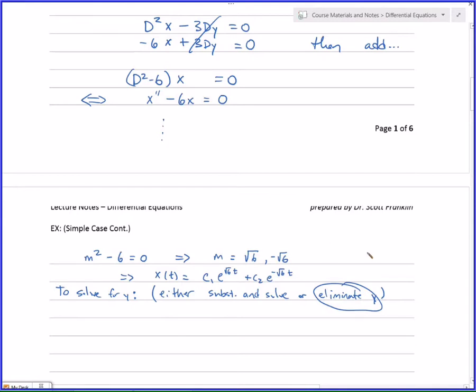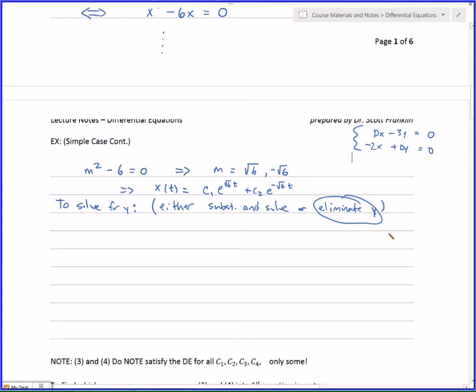So remember, my differential equation was my system, dx minus 3y equals 0, and minus 2x plus dy was equal to 0. So how would we eliminate the x from that?